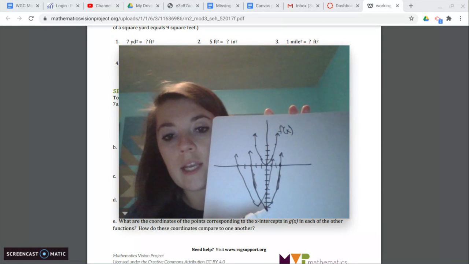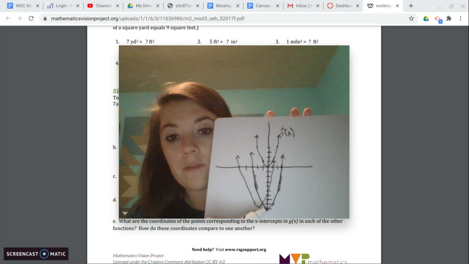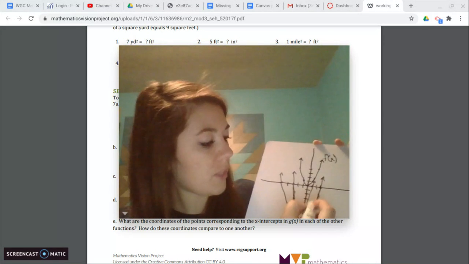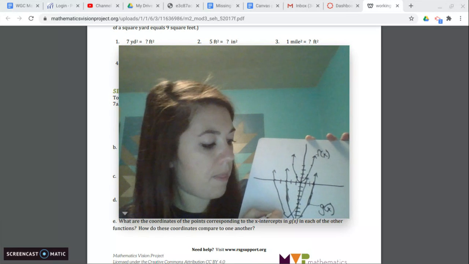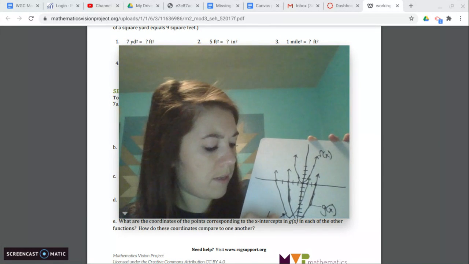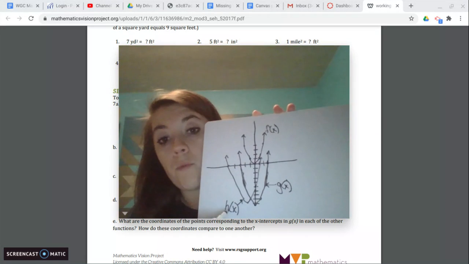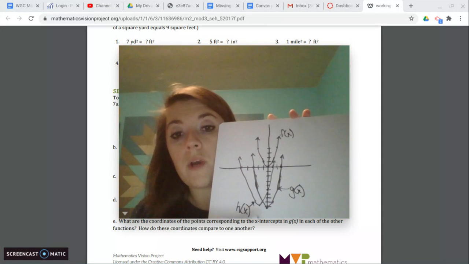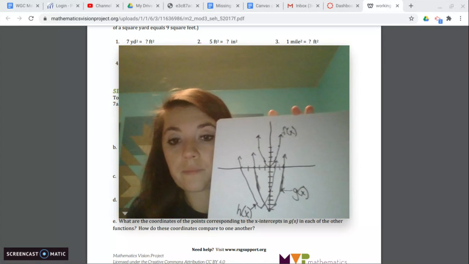Then this one here, we had our vertex translated down to the -9. So this one is the g of x, and this one is the h of x. So it's moved over to the left 2, down at -9, and there we have our parabola.